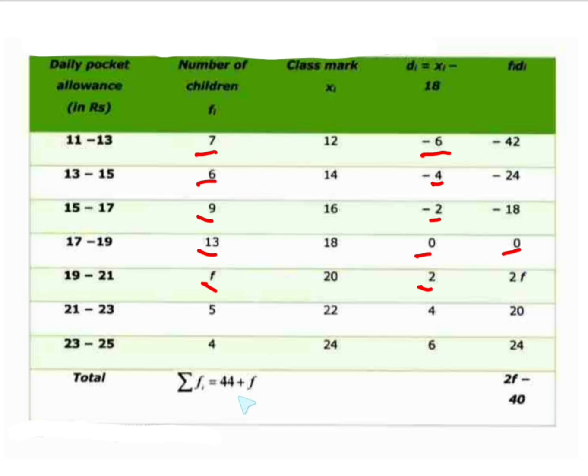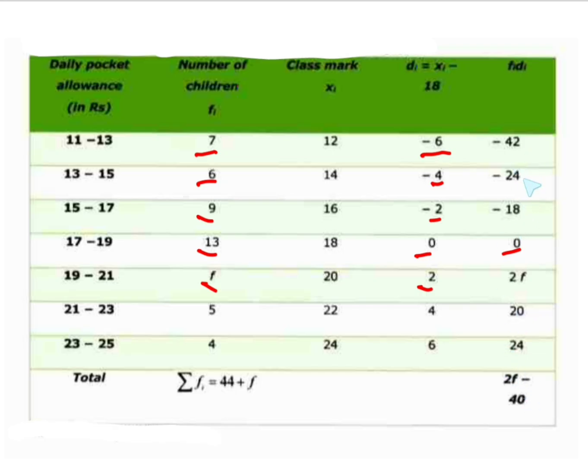Now, the sum of all these f_i is equal to 44 plus f, and the sum of all these numbers: minus 42, minus 24, minus 18, and 20, 24, and 2f is there. So 2f minus 40.